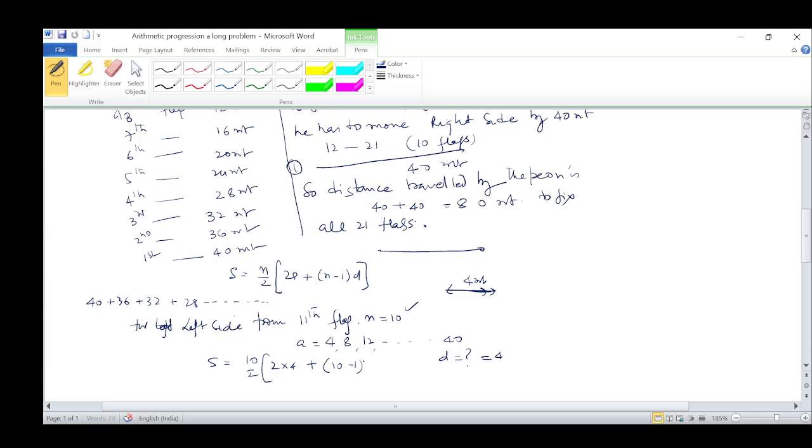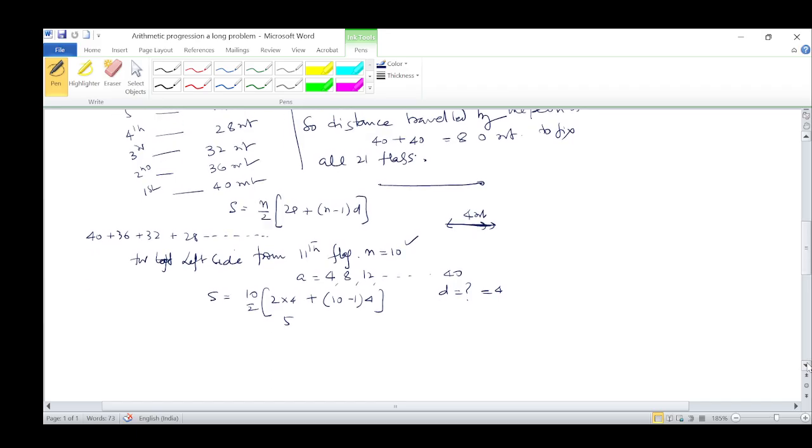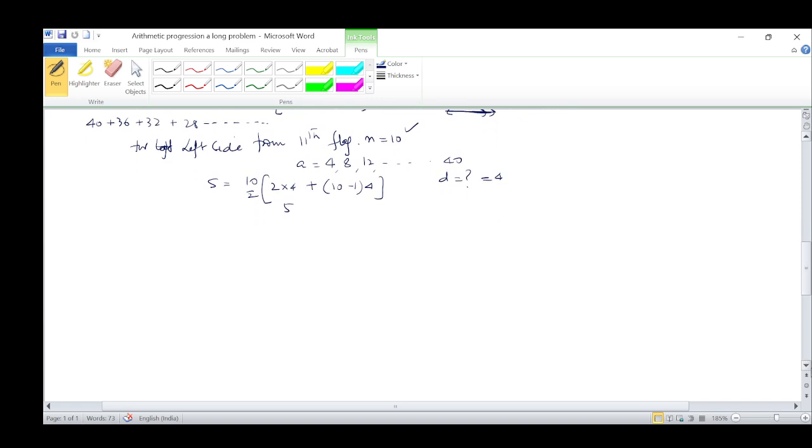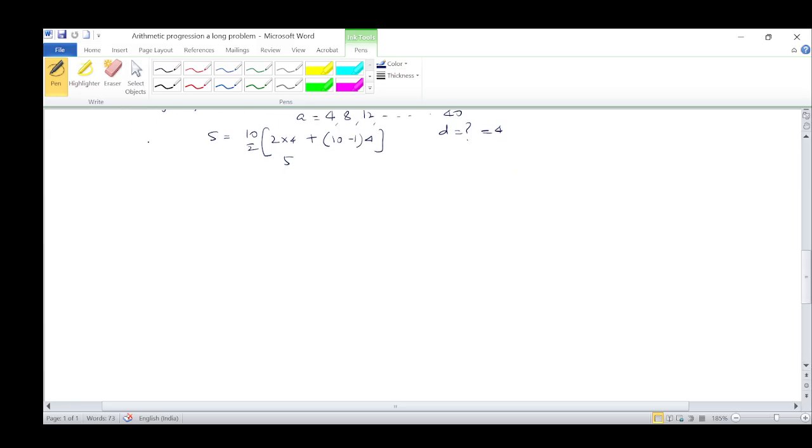That gives 5 into [8 plus 9 into 4], and 8 plus 36 is 44, so it equals 5 into 44, which is 220. This is for the left side.